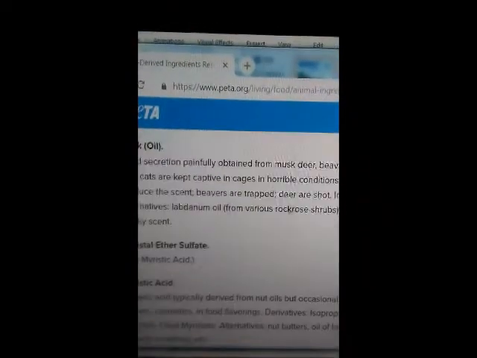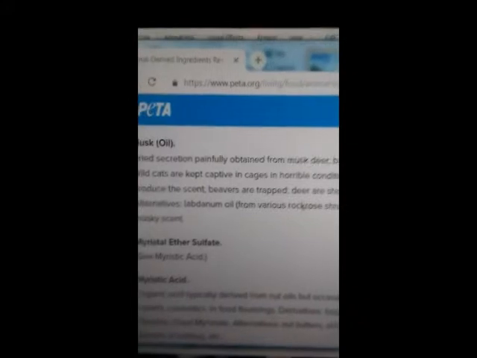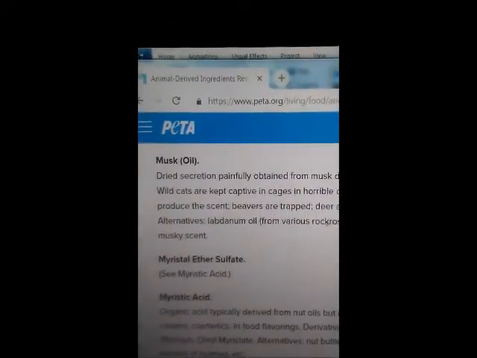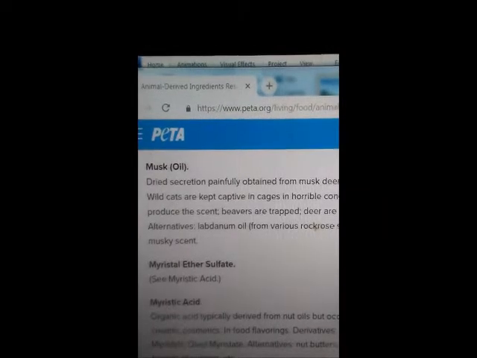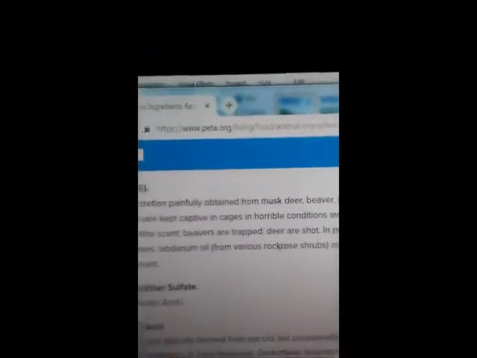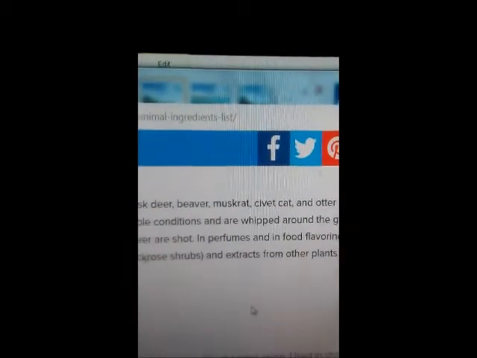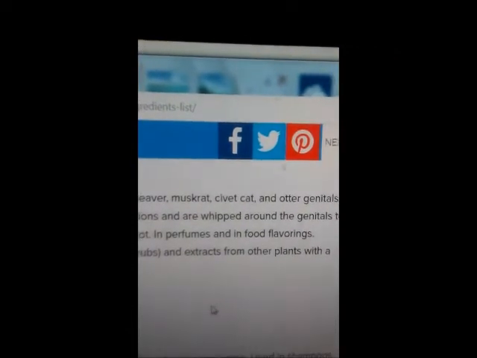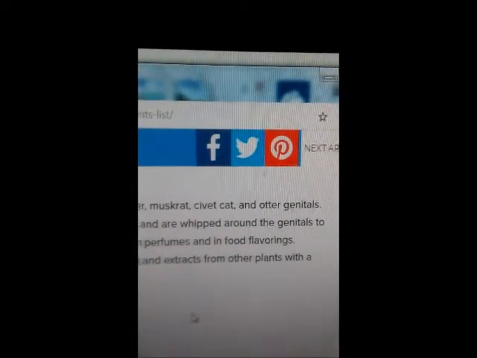Musk oil. Let's see where musk oil comes from. Okay, so we got dried secretion. Say it again, dried secretion, painfully obtained from musk deer, beaver, muskrat, civet cat, and otter genitals.